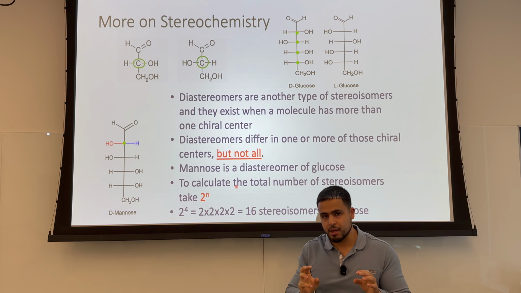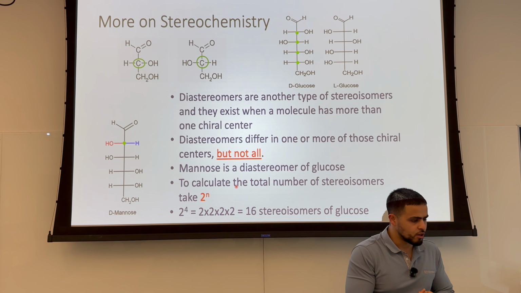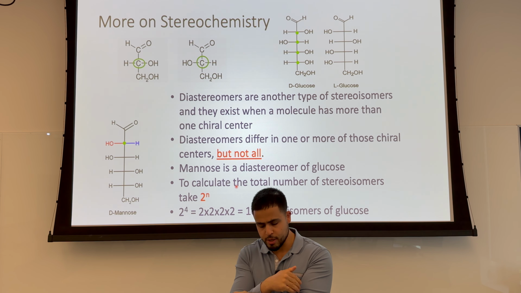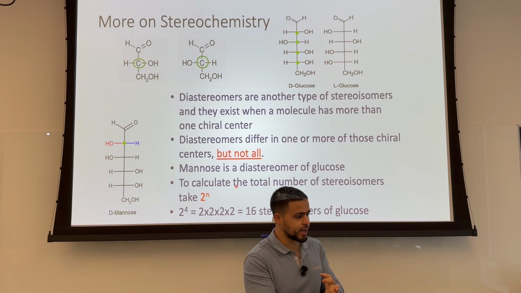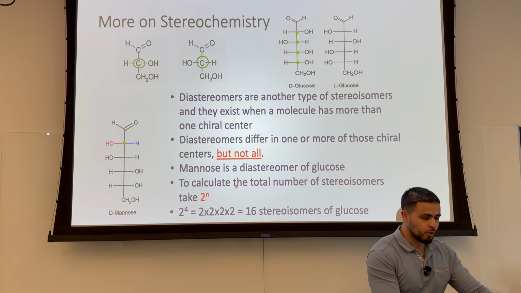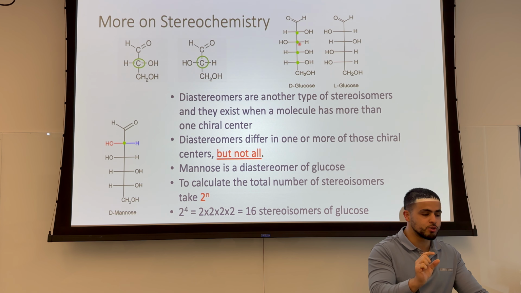Now, this might seem a bit counterintuitive. We mentioned that you have enantiomers where they're all flipped, and then you have diastereomers where you can flip 1, 2, or 3. How did we get 16? Well, it really lies in which ones you decide to flip.